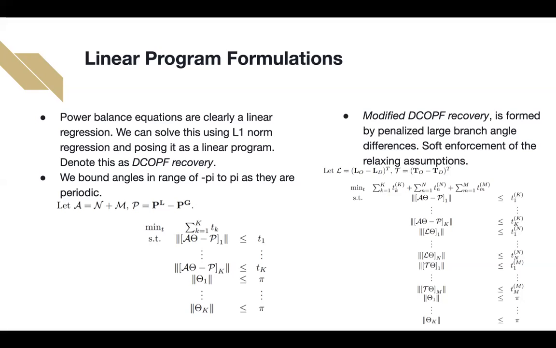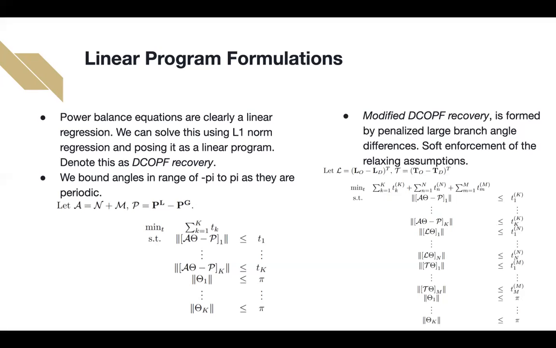It's pretty straightforward. And so then we also propose this modified DC optimal power flow recovery. Essentially, in this first one, we're trying to minimize our error terms. However, we are allowing our voltage angles to be whatever within this range of negative pi to pi. But one of the key assumptions we're making to relax these is that the differences between our angles are near zero.